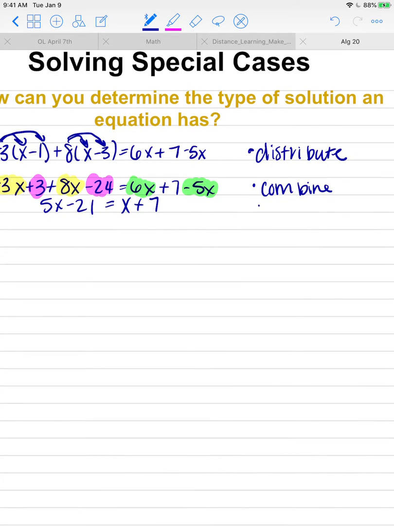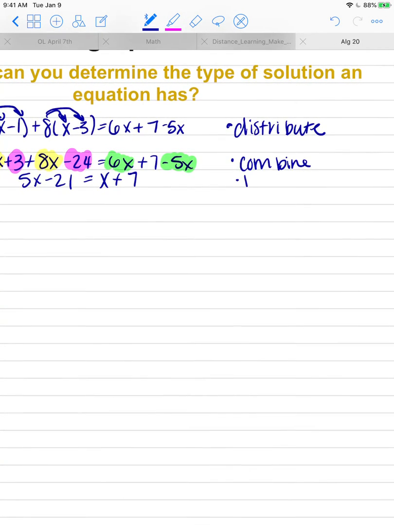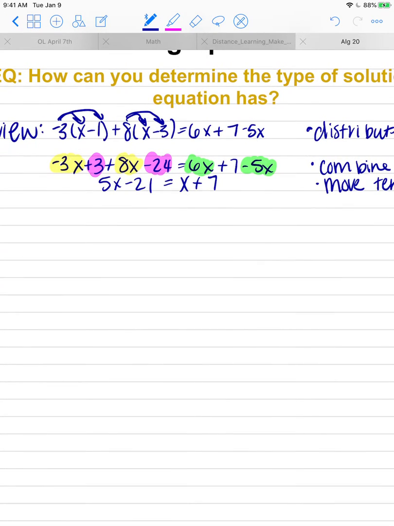Our next step is to move terms. Remember, we're moving variables to one side and we're moving constants to the other. This is where I like to circle the variables and box in the constants.